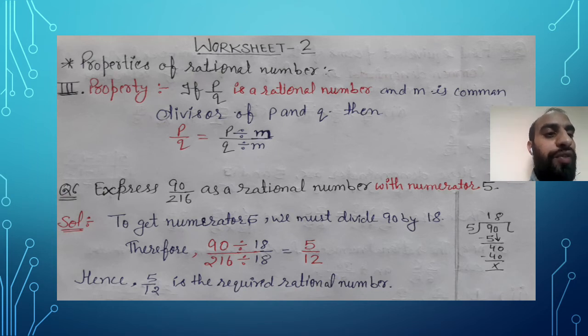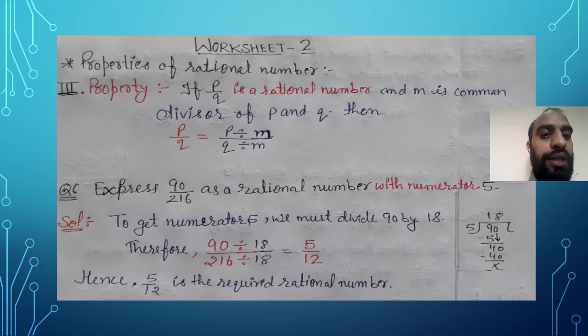We are going to divide 90 by 5 so that we can find the number by which we need to divide, that is the value of m. In the rough area, I have divided 90 by 5: 5 1 is 5, 40 left, 5 8 is 40. That means 18 is the number we need to divide by in both numerator as well as denominator.